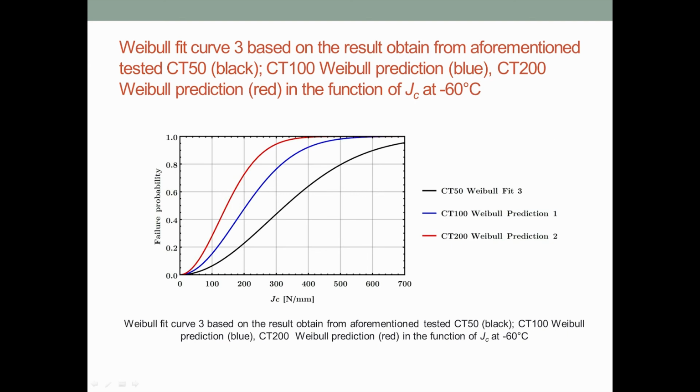In this way, the effect of the thickness was neglected within the group of the same CT50 specimens, for the purpose of predicting fracture probability as a function of JC for the larger CT100 and CT200 specimens at the test temperature of -60 degrees.